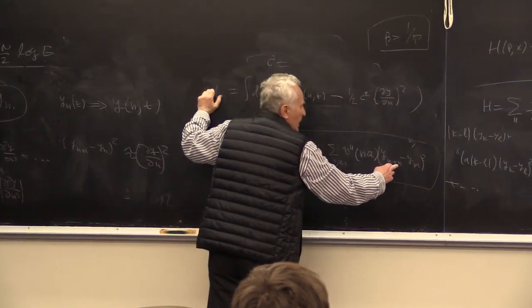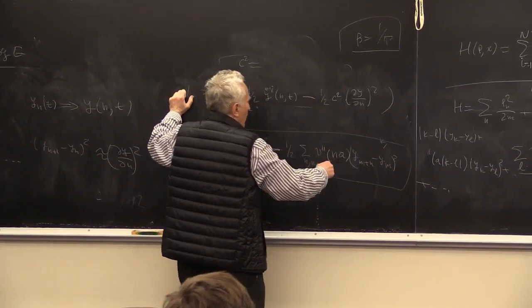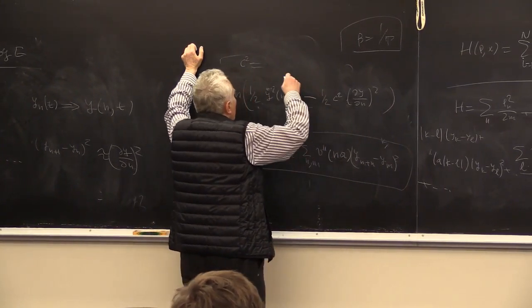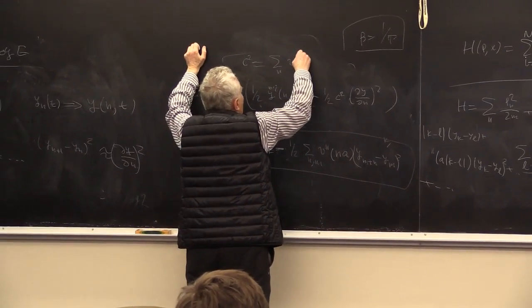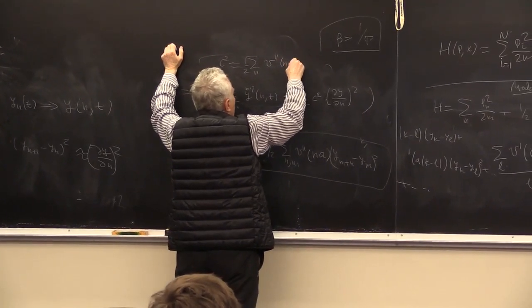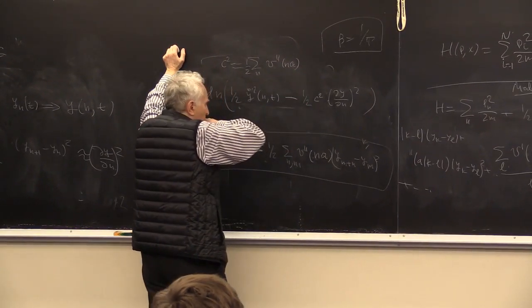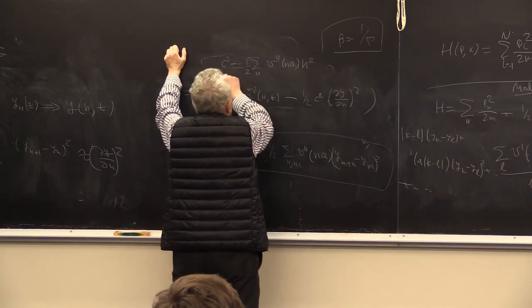Well, remember we expanded it in n here. So we actually will have the sum over n of 1/2 V double prime of na multiplied by n squared.